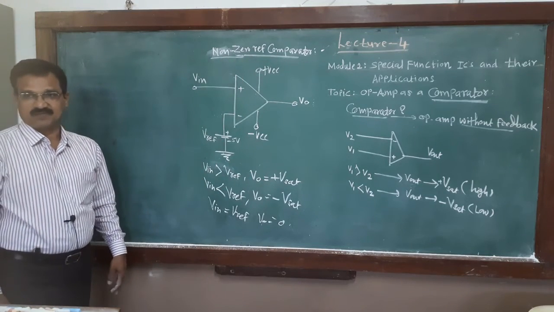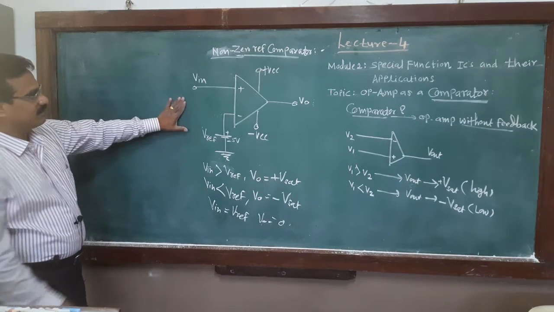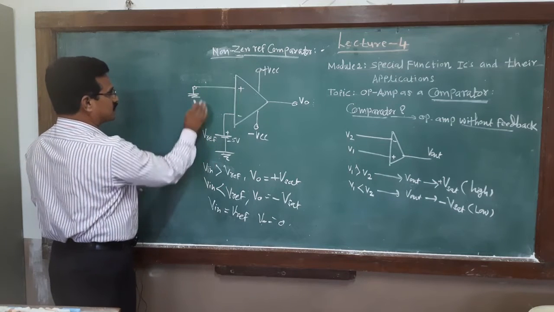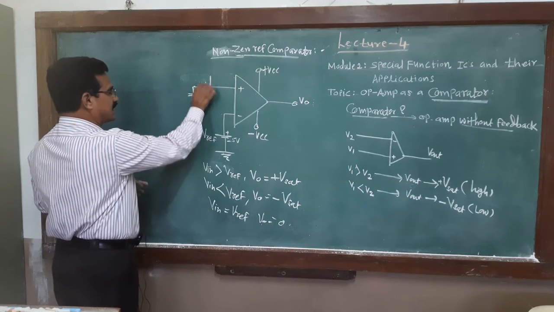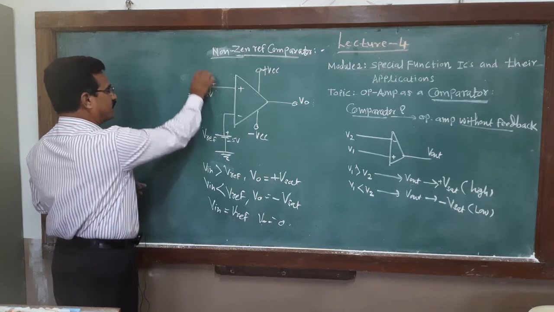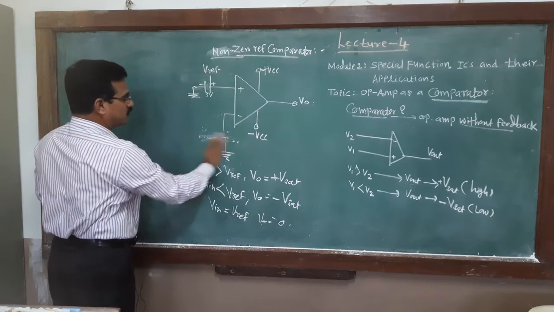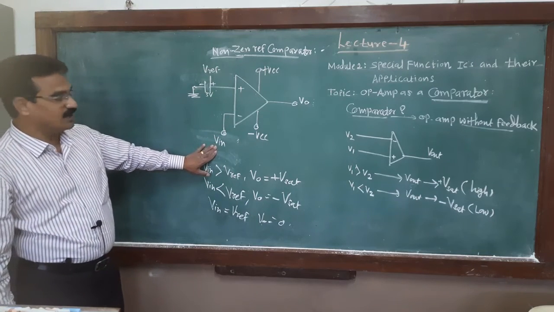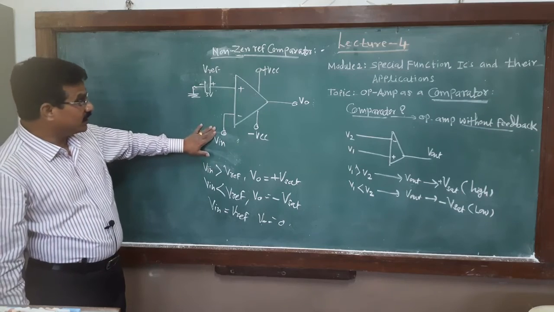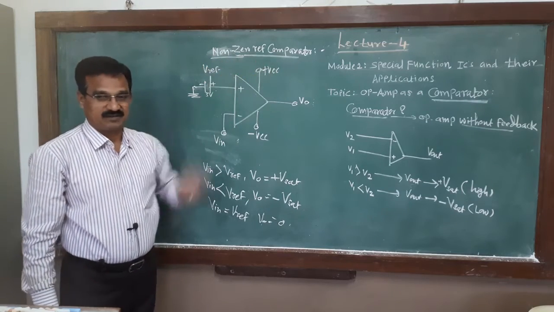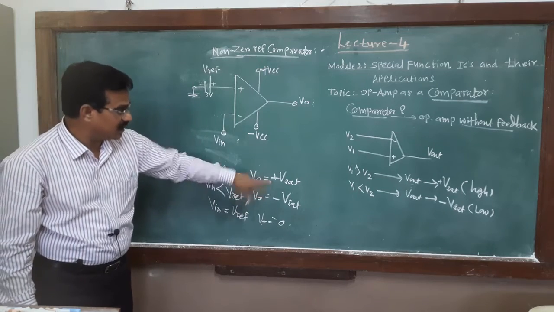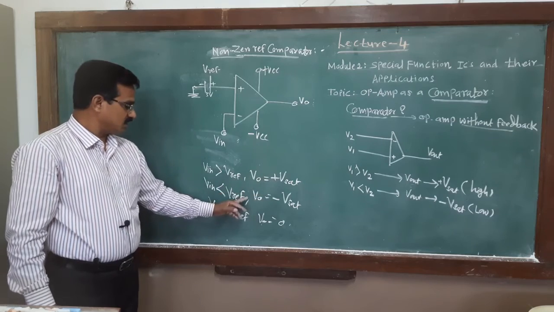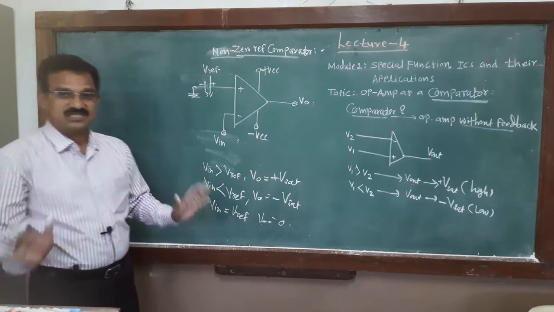And suppose the reference voltage, say 5 volt V reference, is given here and the input is given here. At that time we call it an inverting non-zero reference comparator. At that time the conditions are reversed. For this condition it is minus V saturation, and for this condition plus V saturation.